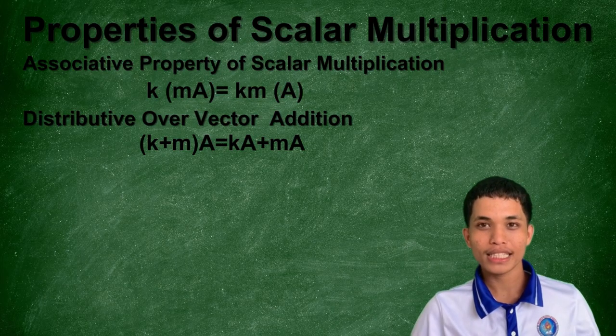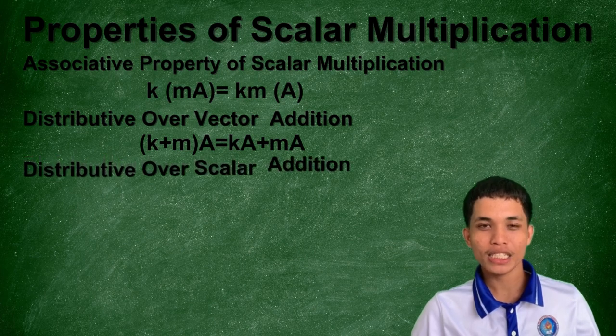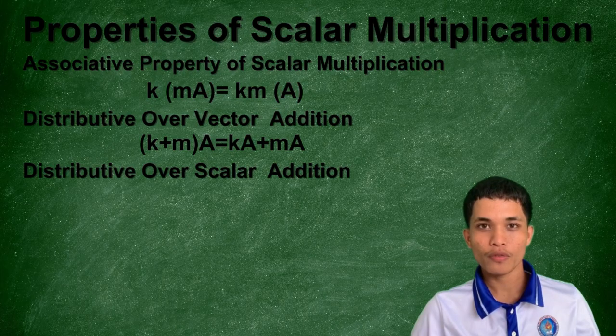This property states that a scalar times the sum of 2 vectors equals the sum of the scalar times each vector. The third property is the distributive property over scalar addition. The sum of 2 scalars times a vector equals the sum of each scalar times the vector.